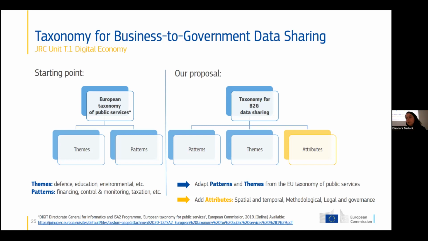So what we did was our proposal, stemming from the original taxonomies, to include a set of attributes which we think are important in the definition of this type of data transaction between public and private sector.